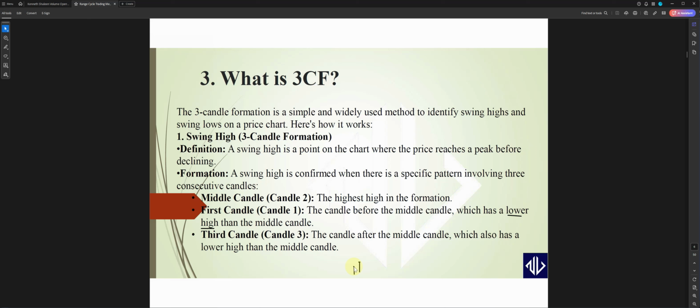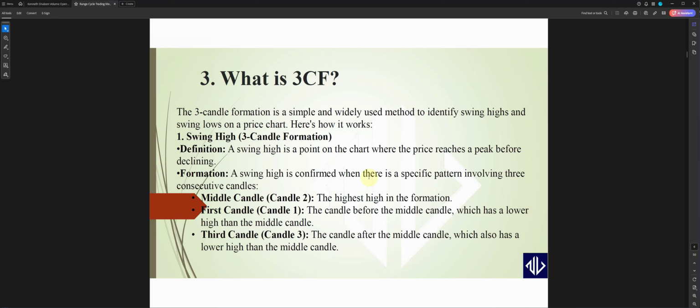So you see that this high is lower than this high, and one candle on the right side, also called the third candle, also should have a lower high. You see, this high is lower than this. So this is called the swing point or three candle formation, or we call it the pivot.